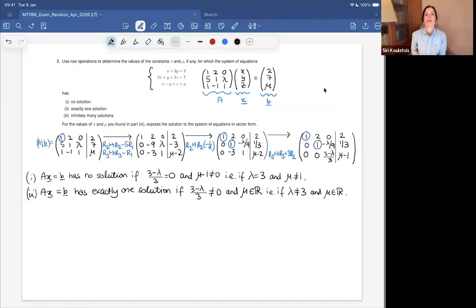So now we know that there's a positive answer to question number 3 here, because we are going to write out the solution in vector form for these values of lambda and mu. But first, let's take a head start on writing down the value of lambda and mu for which this system has infinitely many solutions.